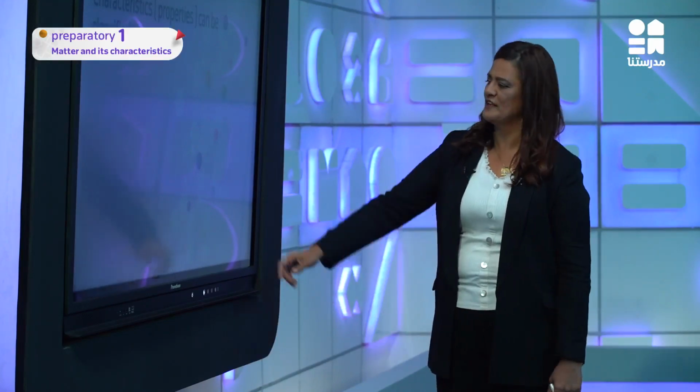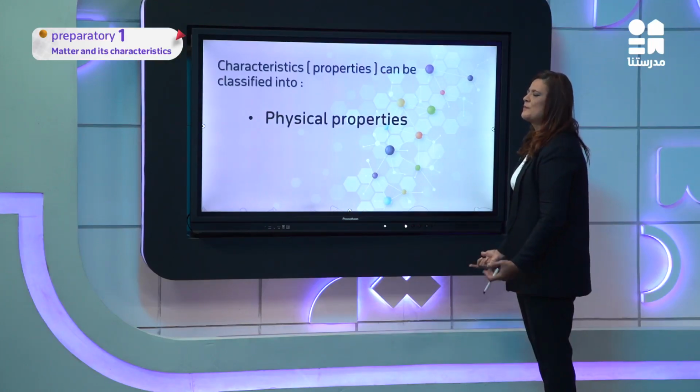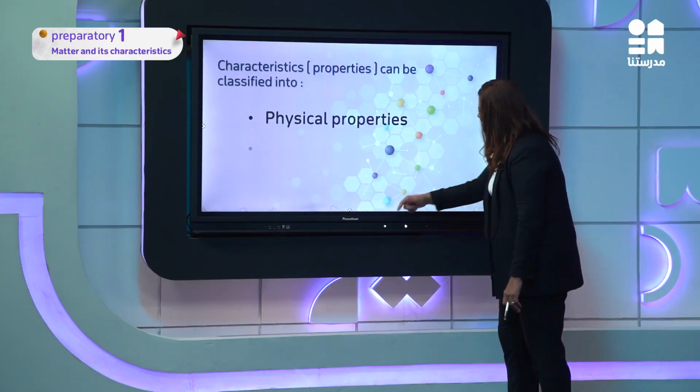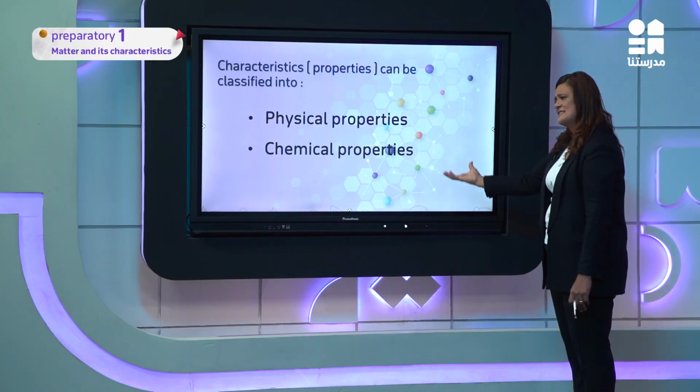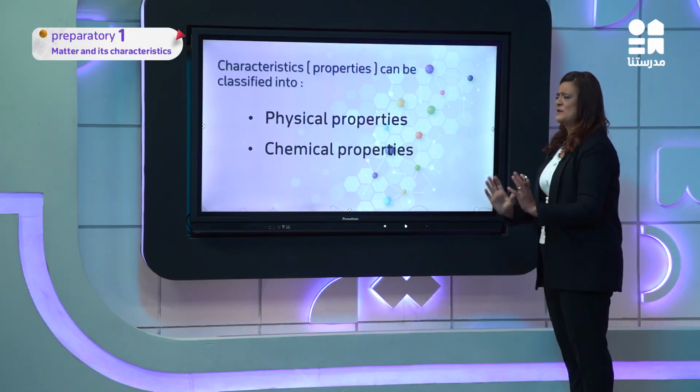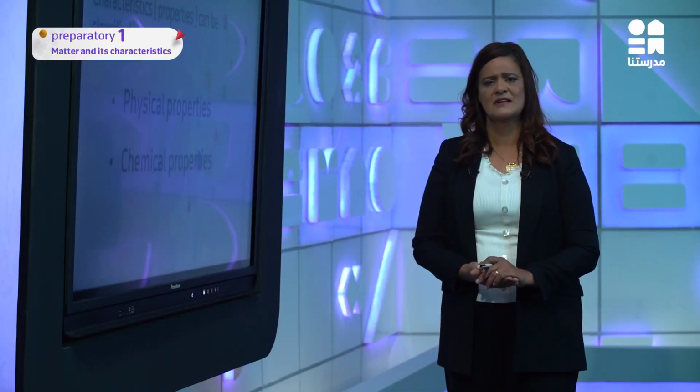Okay. Characteristics or properties can be classified into 2 points. The first point is physical properties, and the second is chemical properties. What do we mean by physical properties? If we talk about a person, the color of his hair is a physical property. The color of his eye is a physical property.